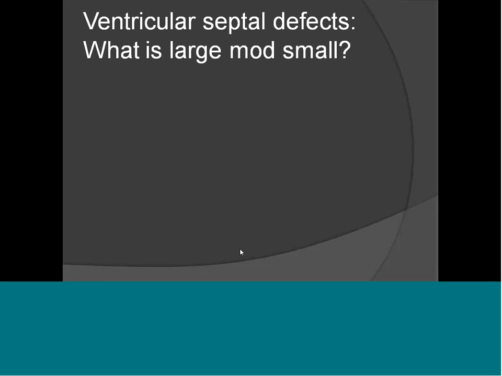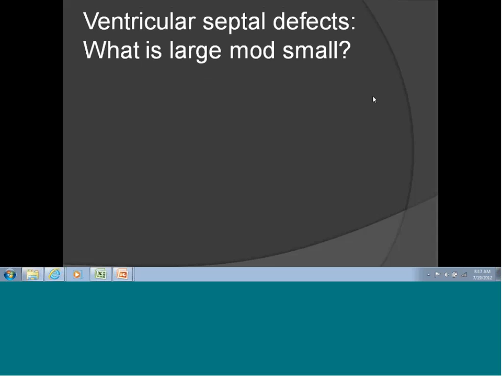VSD. What is large? What is moderate? What is small? What do you use to define it? How do you differentiate large from moderate from small? So large has equal pressures, okay, so moderate, okay, that's one way you can look at pressure.